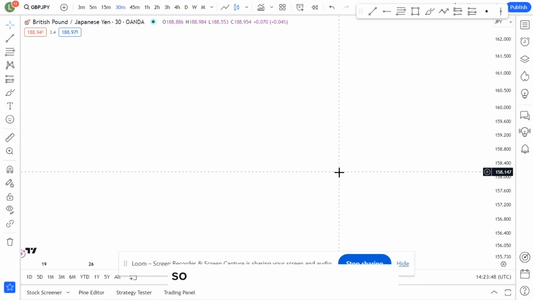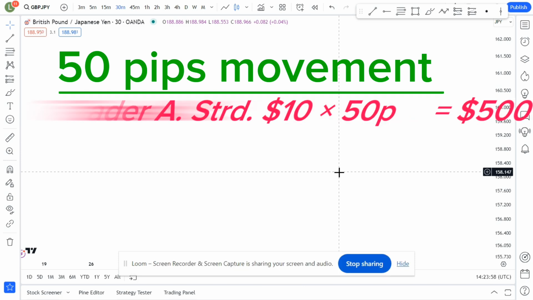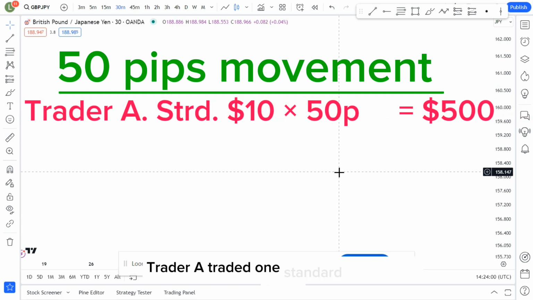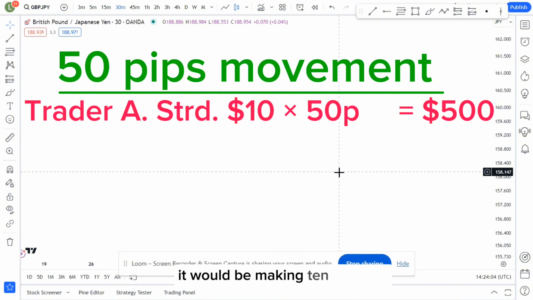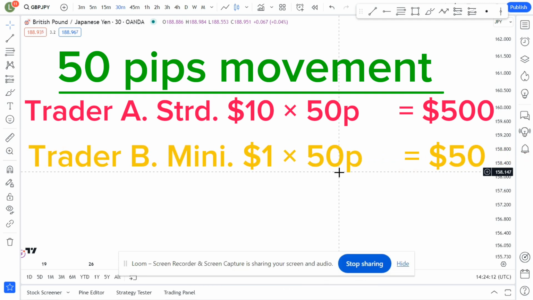So take for instance, 3 traders trade a currency pair and all 3 of them made 50 pips. The trade went in their direction by 50 pips. Trader A traded 1 standard lot size of a pair, so he would be making $10 times 50 pips, which is $500. Trader B traded 1 mini lot size of a pair and would make $1 times 50 pips, that is $50.